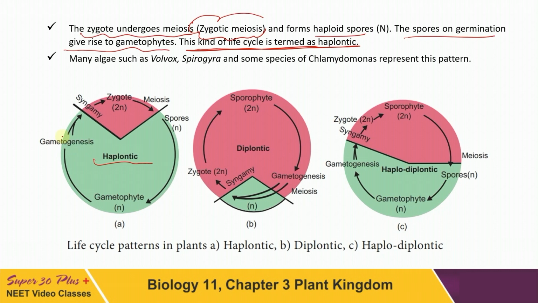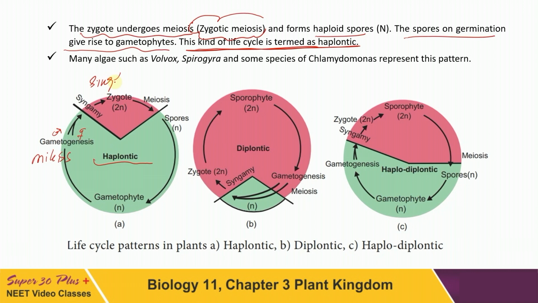The haplontic stage will make the gametes, the so-called male and female gametes, by mitotic division. Male and female gametes will fuse, syngamy will be there, and the zygote is single celled.